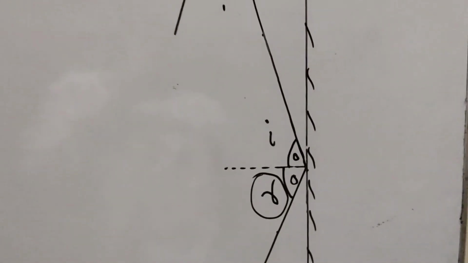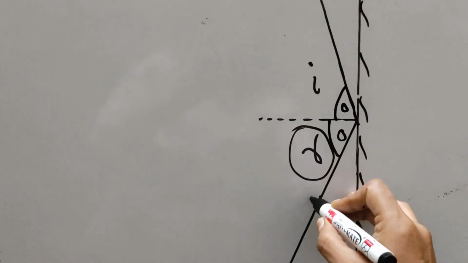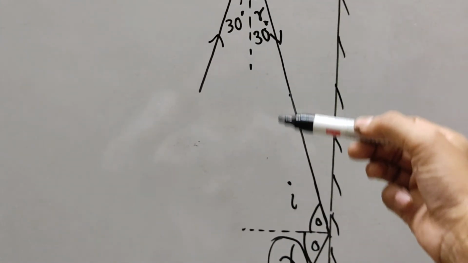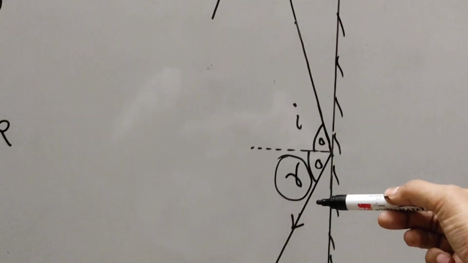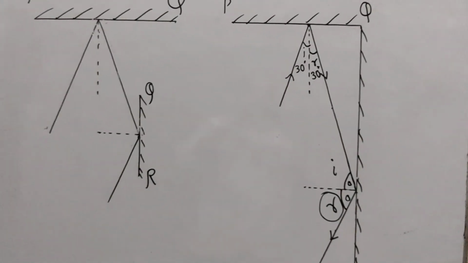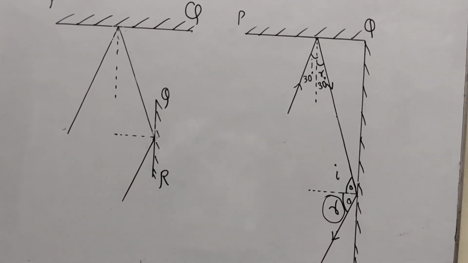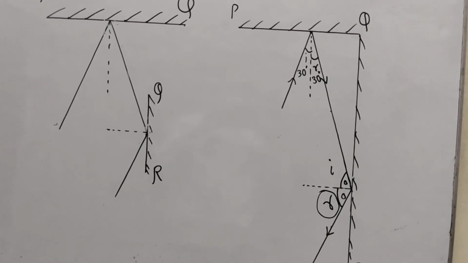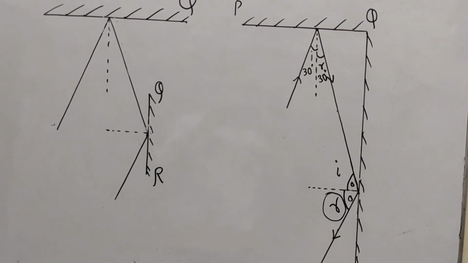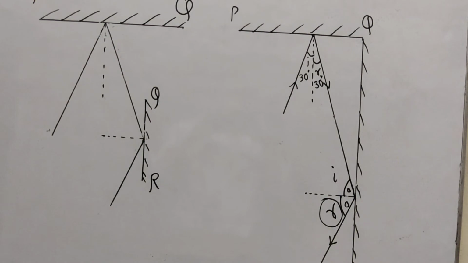Now if you look at the first mirror, we should first of all draw the arrows for all the rays. So this is our incident ray, this is the reflected ray, and this reflected ray becomes the incident ray for the second mirror, and here this is the reflected ray. What actually have we done? We have drawn this diagram by using the laws of reflection, using the law I is equal to R. So when the angle of incidence at the first mirror PQ is 30 degrees, the angle of reflection at the first mirror is also 30 degrees.